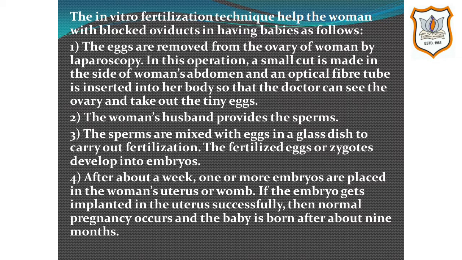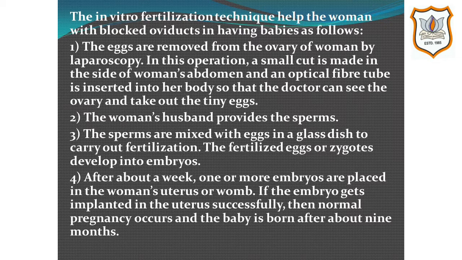If the embryos get implanted in uterus successfully, then normal pregnancy occurs and a baby is born after about 9 months.